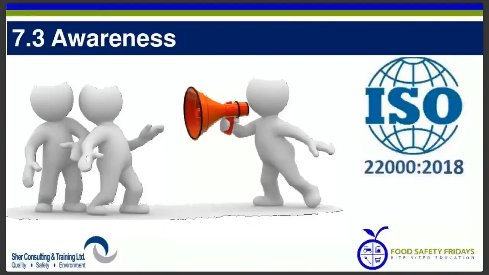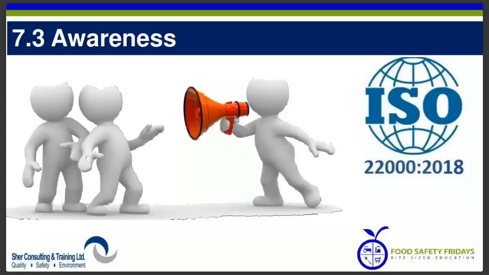But then ISO surprises us with a new clause called awareness, which previously was not its own clause. It was built into the previous one. And beginning of ISO 9001:2015, and the high-level structure standards that are aligned with it, we have a new clause called awareness. And this is really, really interesting.